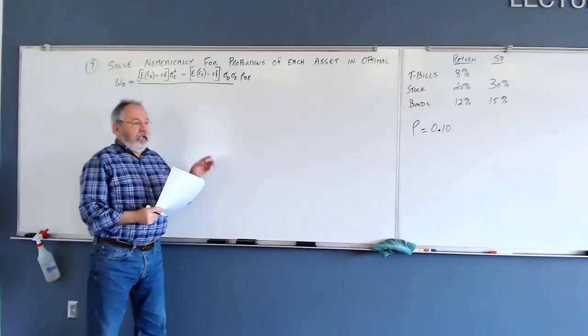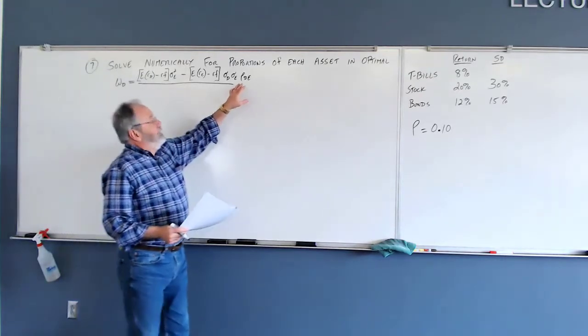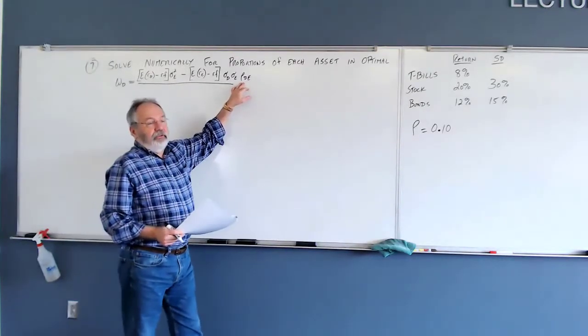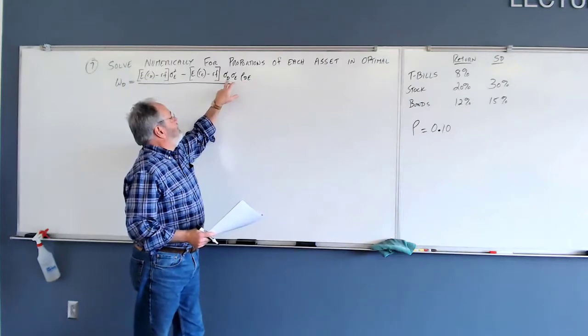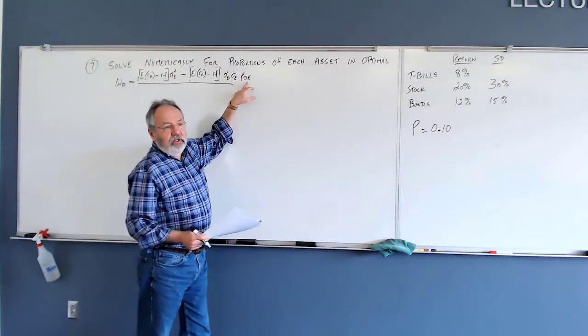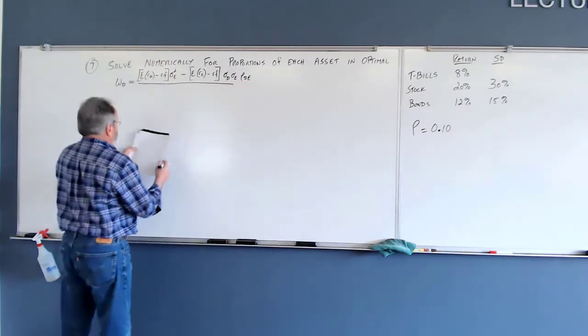Notice on this one, I did it a little differently. Instead of saying covariance, I'm using sigma debt, sigma equity, and correlation. They're interchangeable.